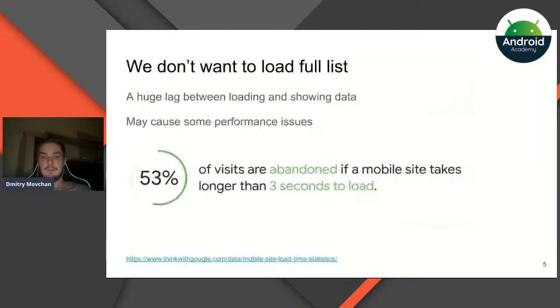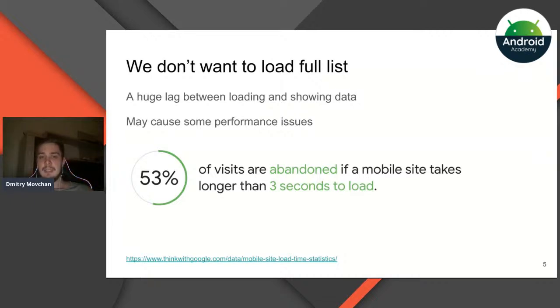There are a couple of reasons why it shouldn't happen. First of all, there will be a really huge lag between loading and showing data if you're loading a huge amount of it. Also, we can face performance problems when we load a huge amount of data and try to somehow show it.